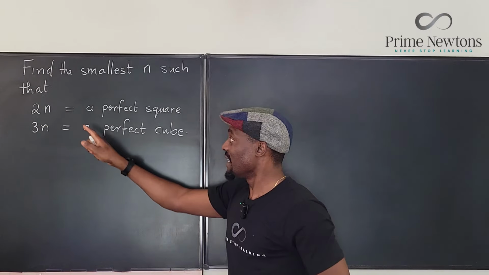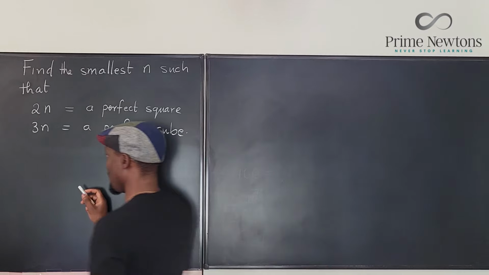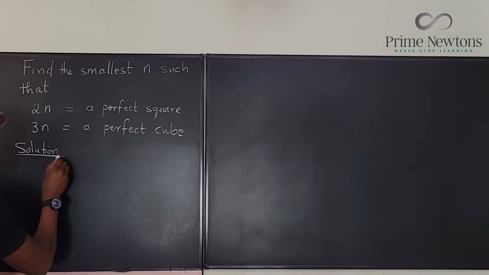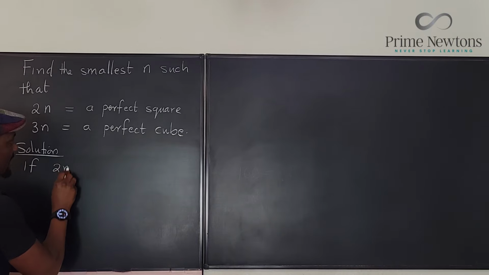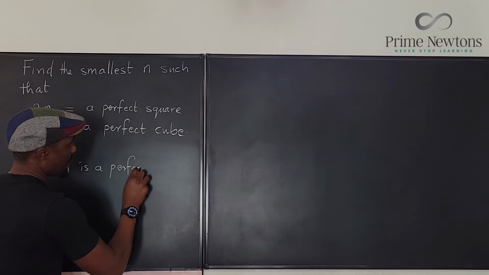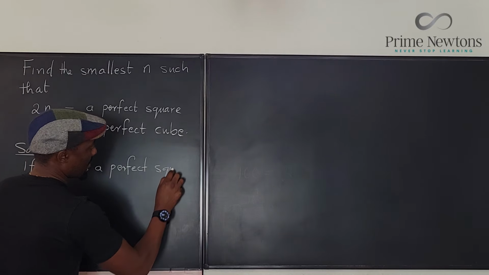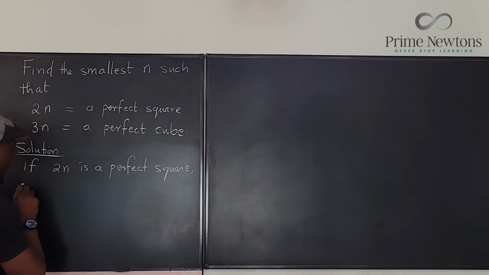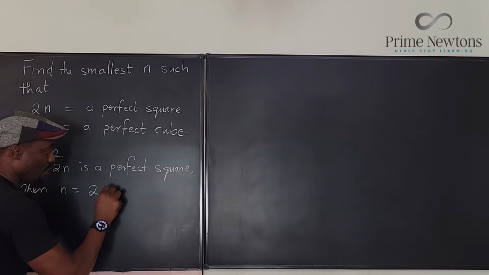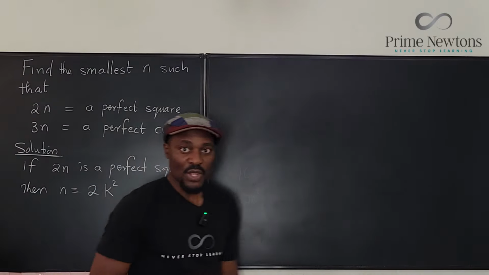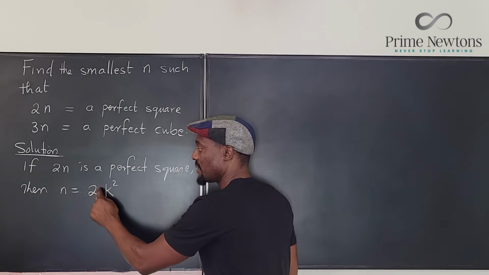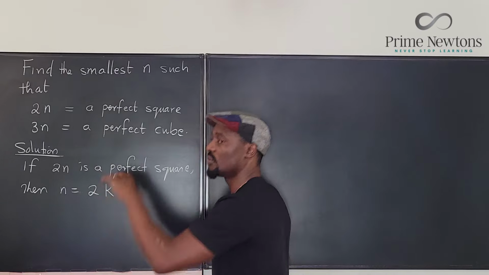Okay? So you can clearly see, we can say if 2n is a perfect square, then n must be 2 times a square. So that when you now multiply it by another 2, it becomes 2 squared times k squared, which is 4k squared.